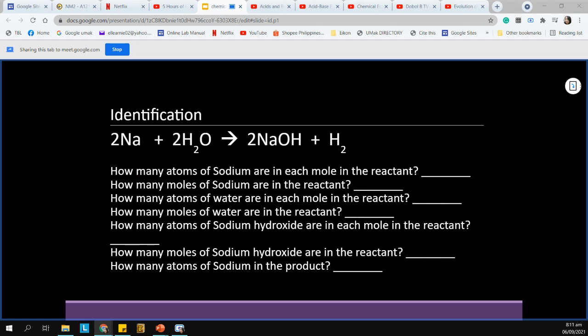Yes. The final answer to how many atoms of sodium in the product, isn't it just 1 in the product? Because the coefficient is 2. The last question? No, here it's not per mole that we are asking.